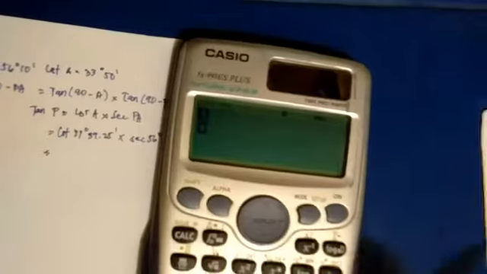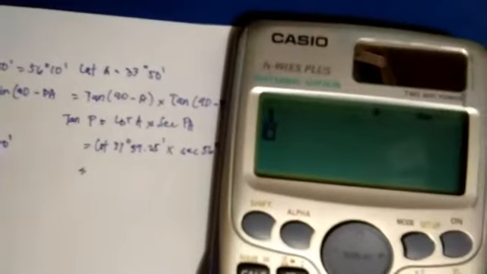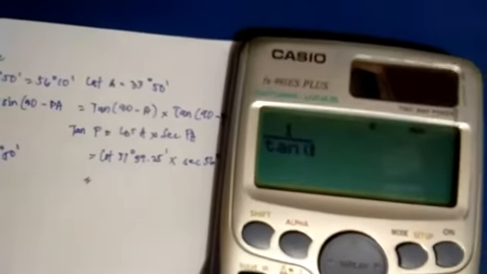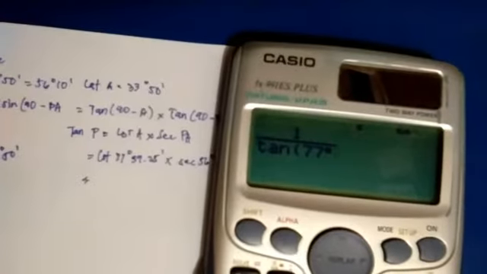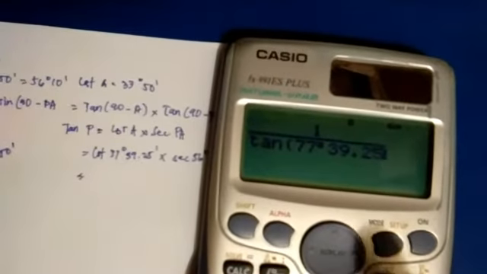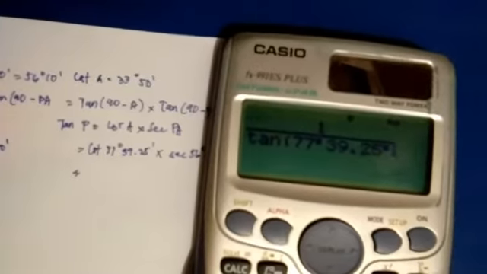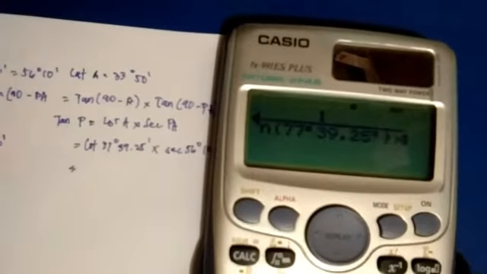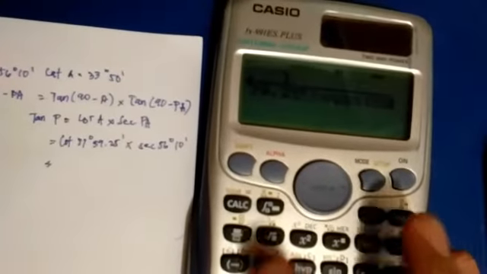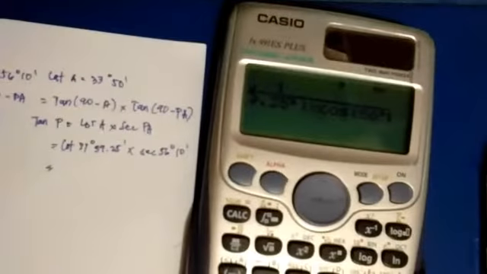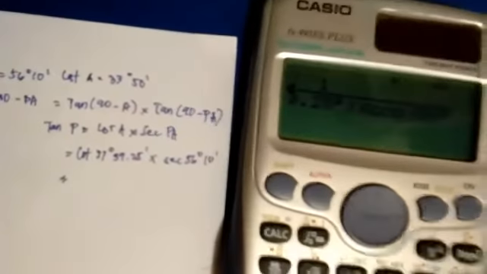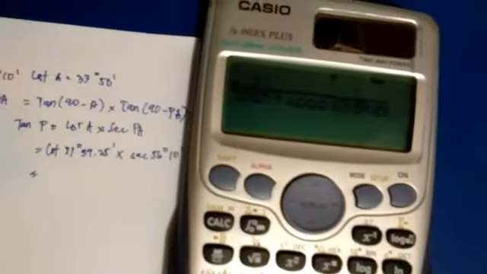So we'll have, since cotangent is 1 over tan, 1 over tan 77 degrees and 39.25 minutes times, since secant is also 1 over cos, directly cos 56 degrees and 10 minutes.